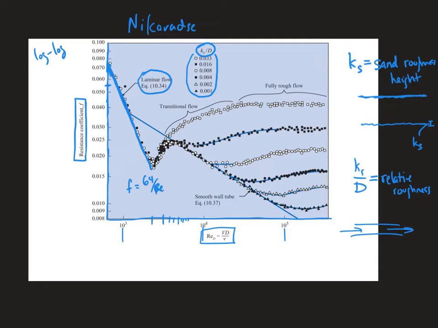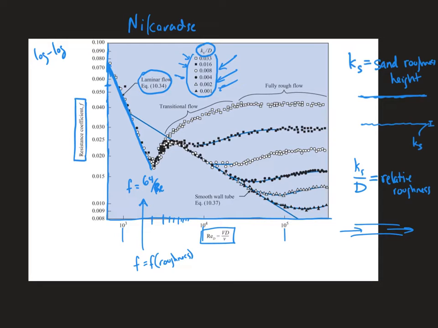Notice it's in log space, so that's why it looks like a line here, even though clearly this is not the equation for a line in non-log space. And you'll notice that here, F is not a function of the roughness. All of these fall on the same line, because it doesn't matter how rough the pipe is in that regime.